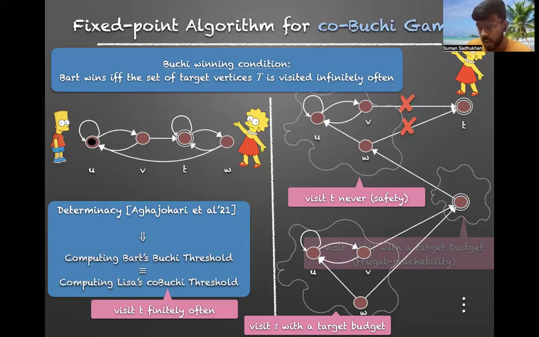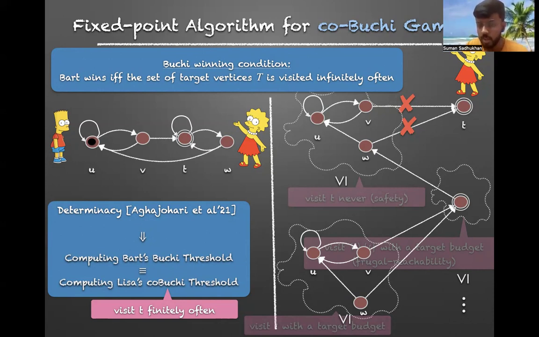And we can continue, and we can actually see that these budgets, the threshold budgets that we compute in the left-hand side, for example, these are non-increasing because the objectives in the games are becoming easier for Lisa. So you can think of the first game as the target budget at T was K plus 1.